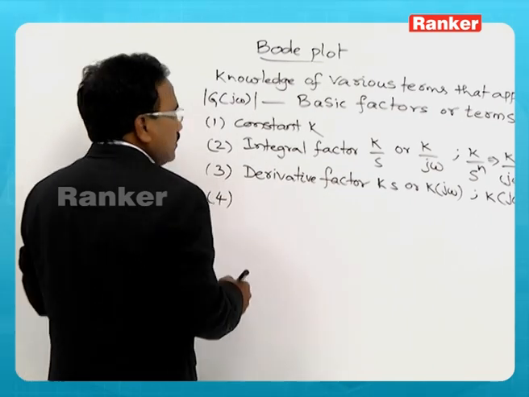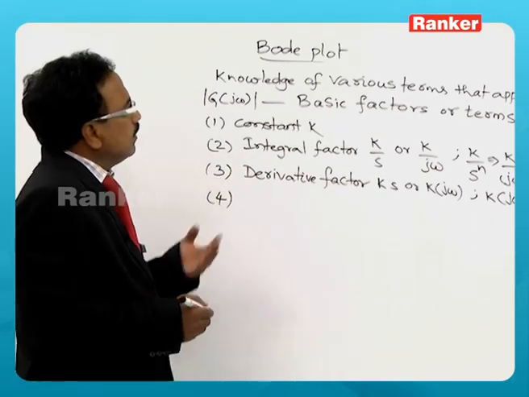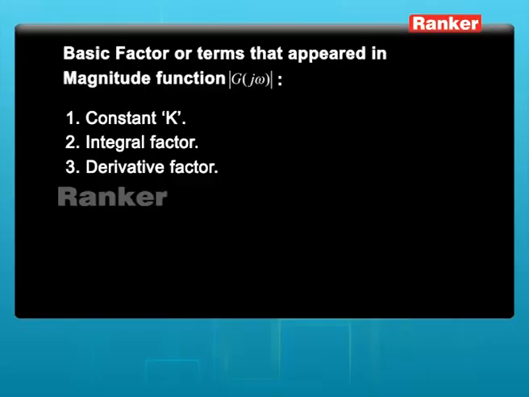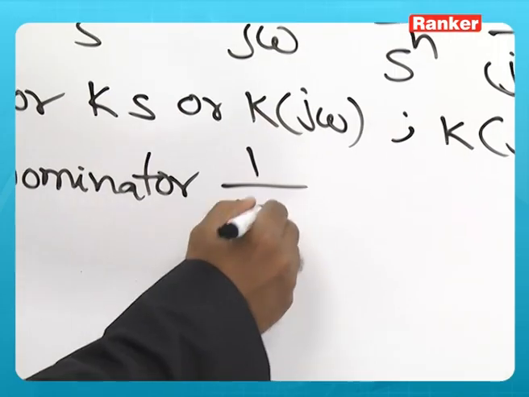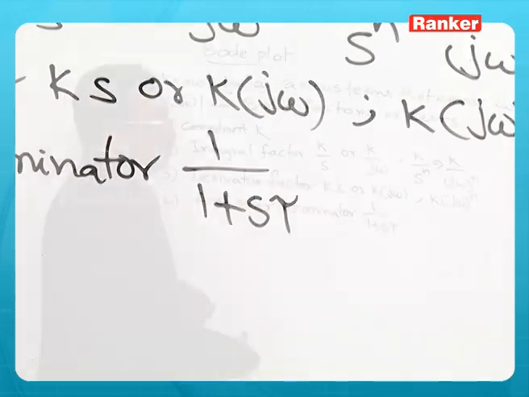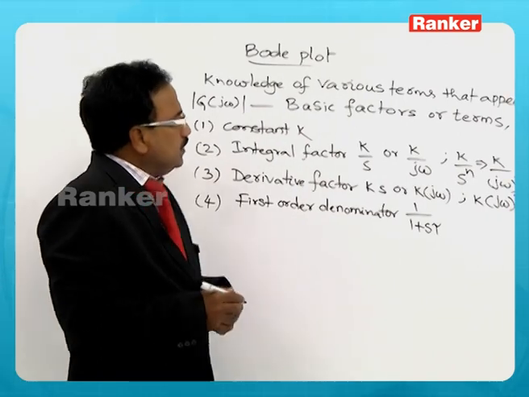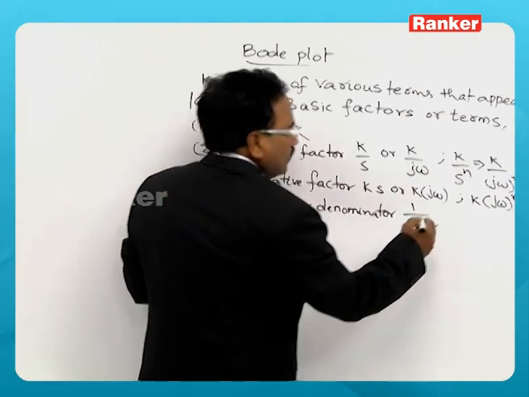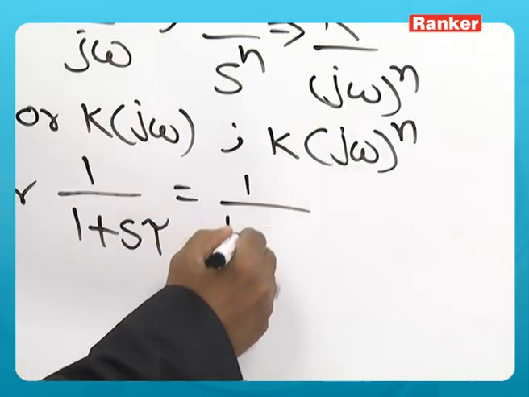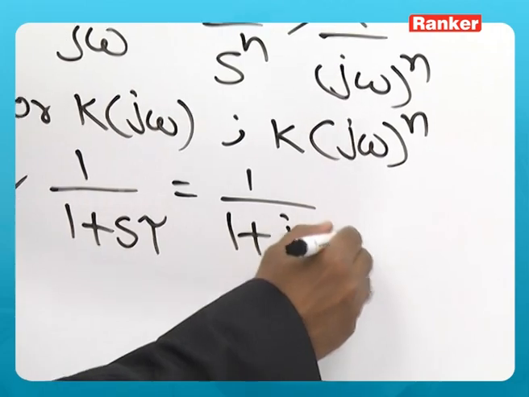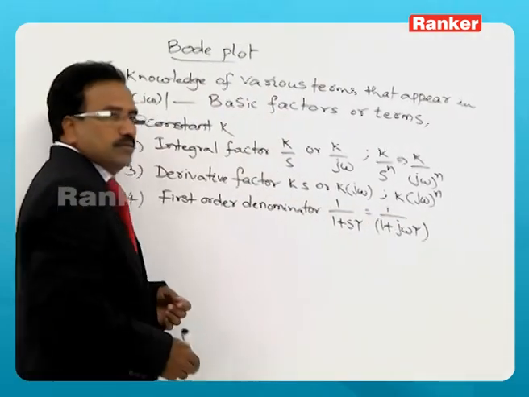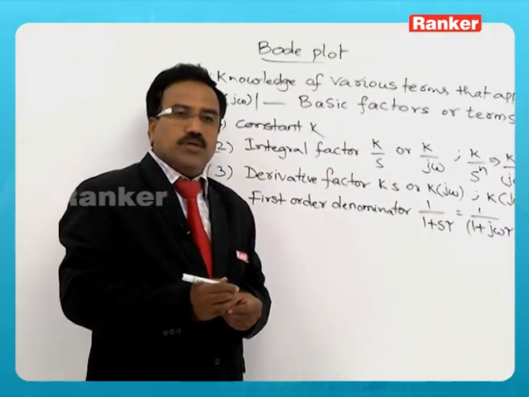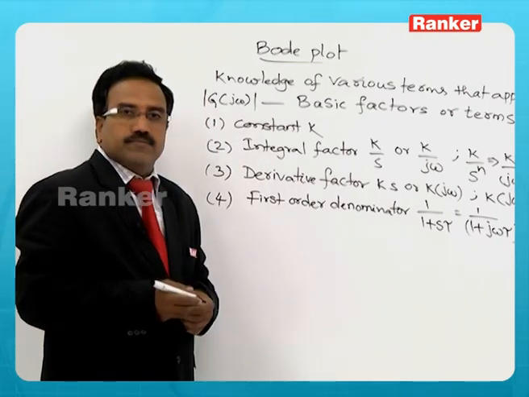The next term or factor that will appear in the magnitude function is the first order denominator. The meaning of this is 1 by 1 plus s tau. So, there is a pole, but not at origin, it is at some other location. So, for this 1 by 1 plus j omega tau, how to draw the magnitude plot needs to be seen.